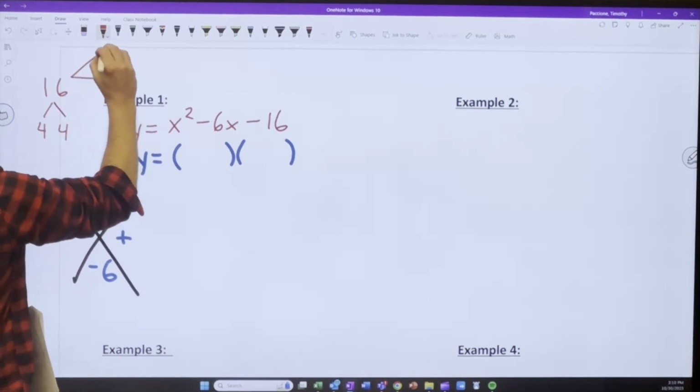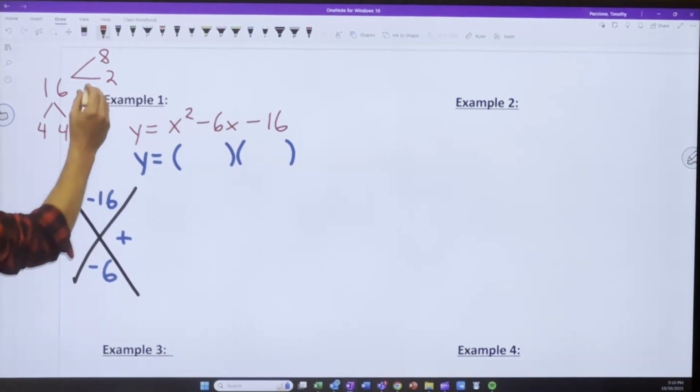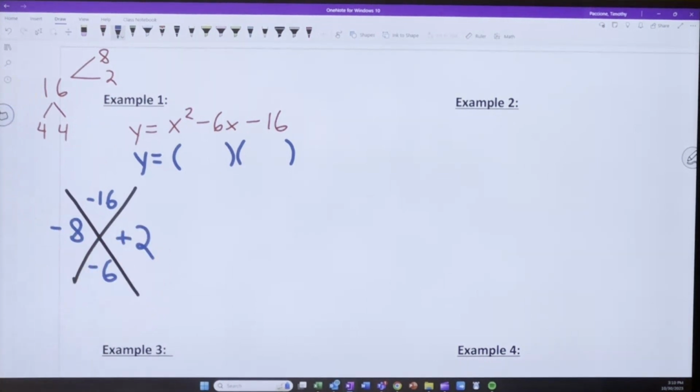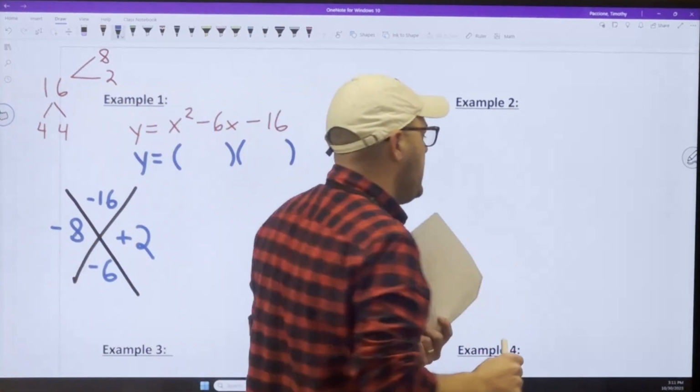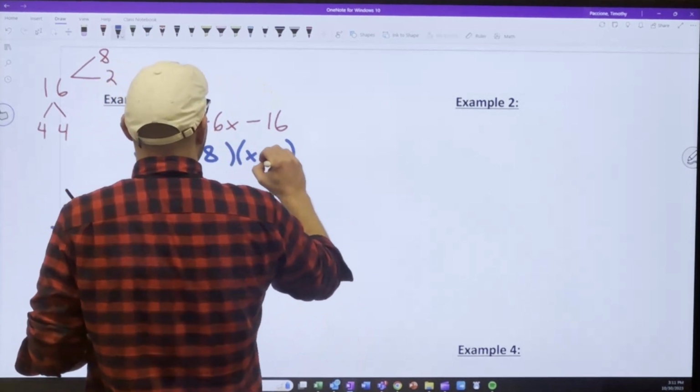What else? 8 and 2. Well, 8 minus 2 is 6. That might work. And then I just plug it in to make the signs work, right? I want a negative 6, so I'm going to go negative 8 and positive 2. Okay? So you just kind of have to do a little bit of side work. Use the multiplication chart to help you if you're not great with multiplying, right? Use your calculator. So x minus 8 and x plus 2.